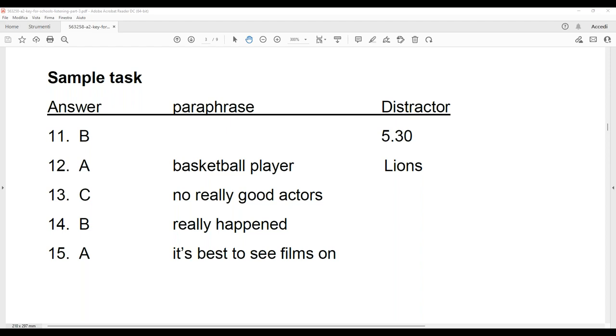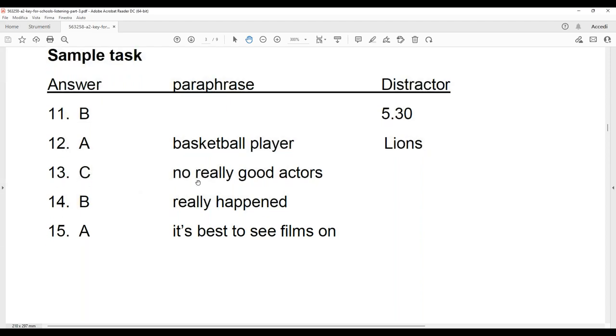So 11 was B, 12 was A, 13 was C, 14 was B, 15 was A. Okay, watch for distractors. So 11B, 12A, 13C, 14B, 15A.